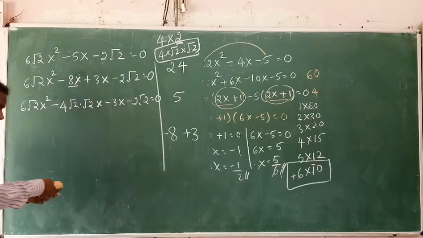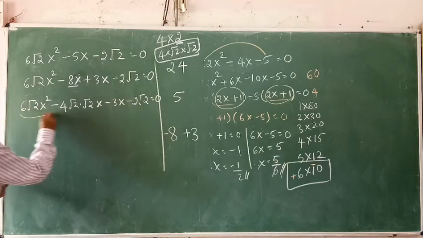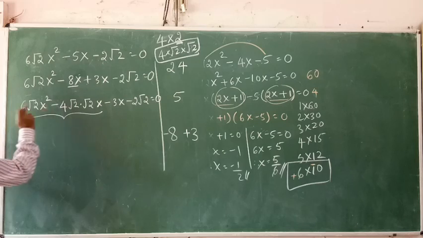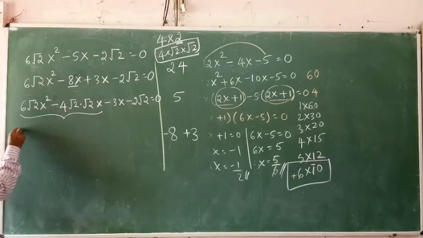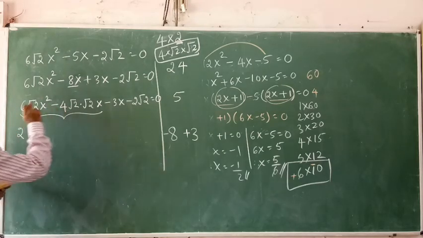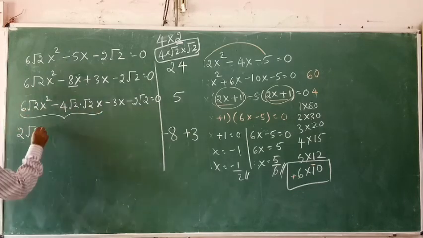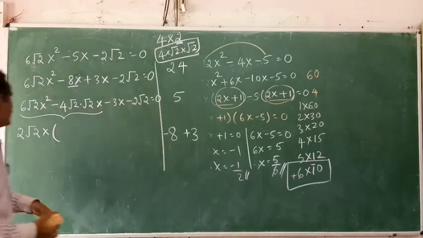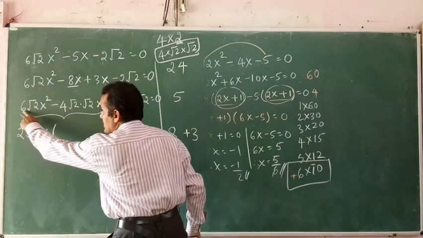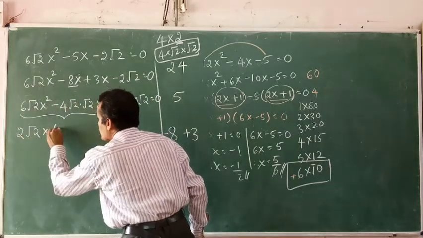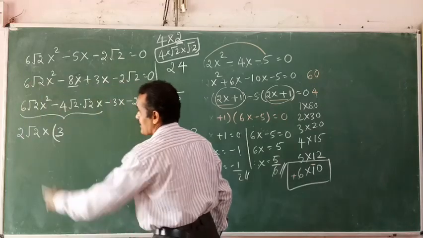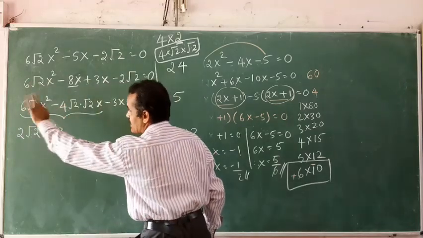Now, what can I take as a common in these two? Out of 6 and 4, I can take 2 as a common. Root 2 and root 2, I can take root 2 as a common. X square and x can be taken as common. Then what is left inside? Out of 6, 2 has come out. 2 3s are 6. Root 2 as it is, it has come out.